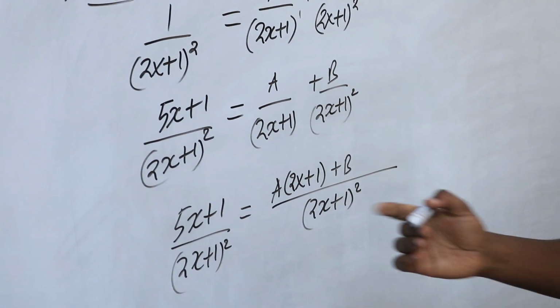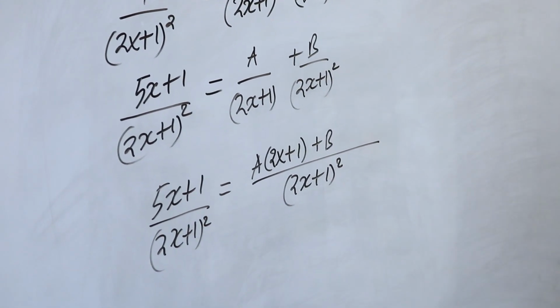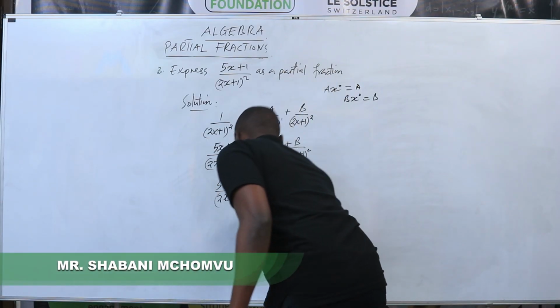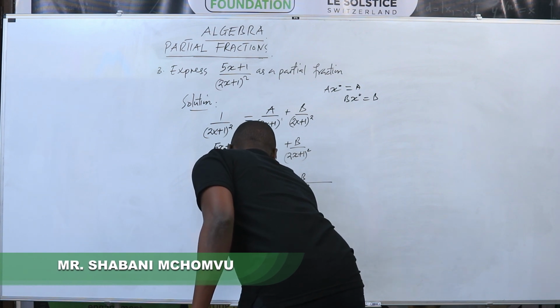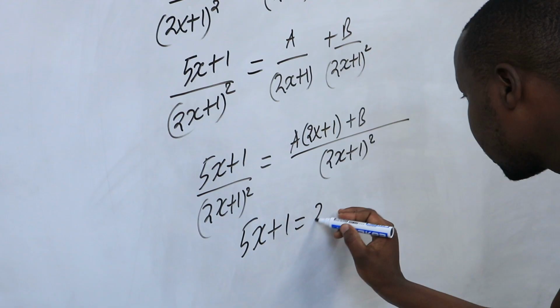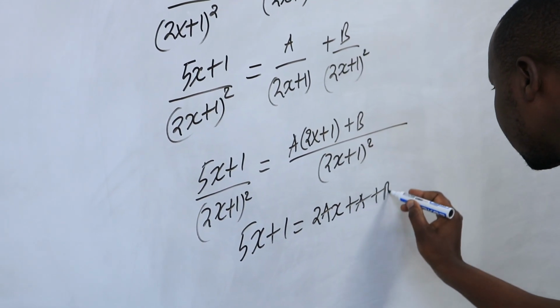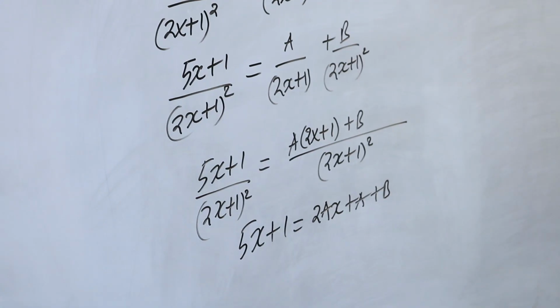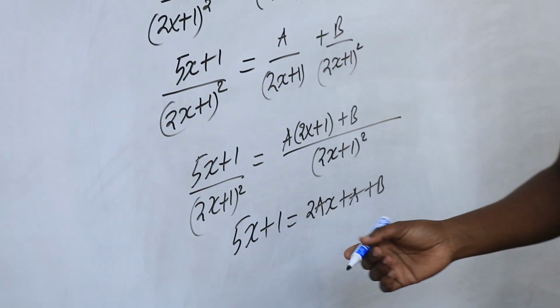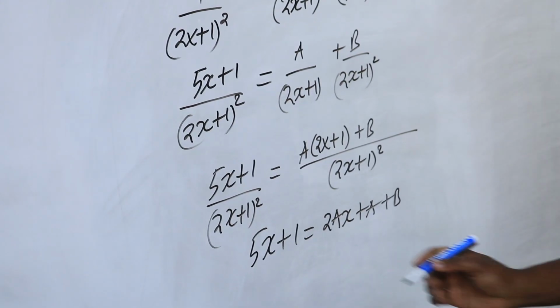Remember here we have (5x + 1) over (2x + 1)². Since the denominator looks the same, now we compare the numerator expression from both sides. So it becomes 5x + 1 equals A(2x + 1) + B. Here you can open the bracket, 2Ax plus A, now we plus B. From there we do the same thing, that we compare the terms with x and the constant to constant.